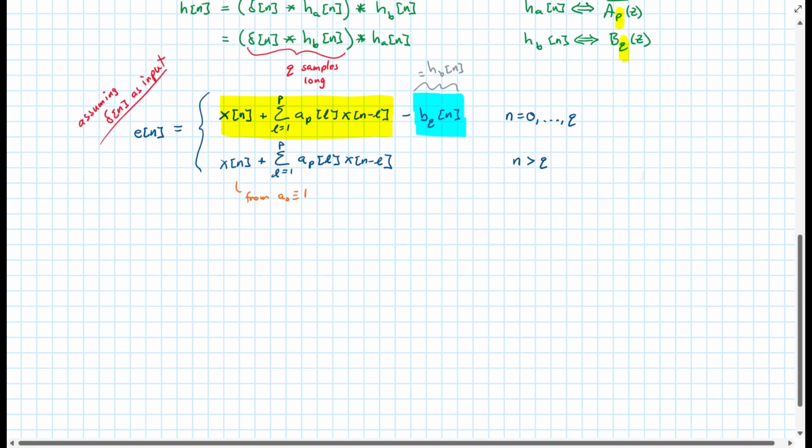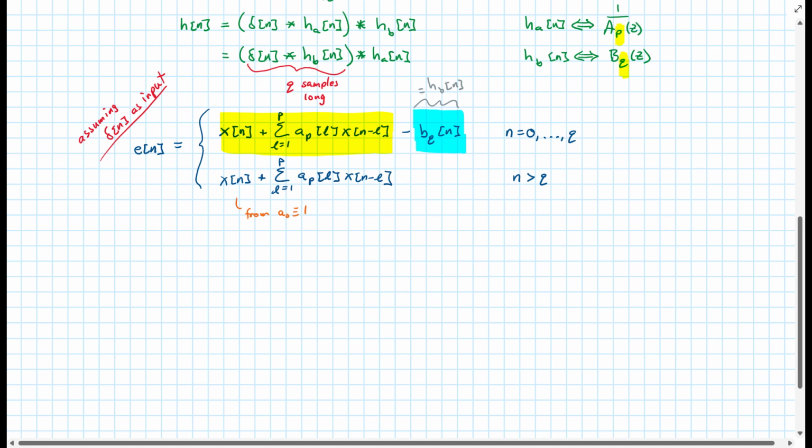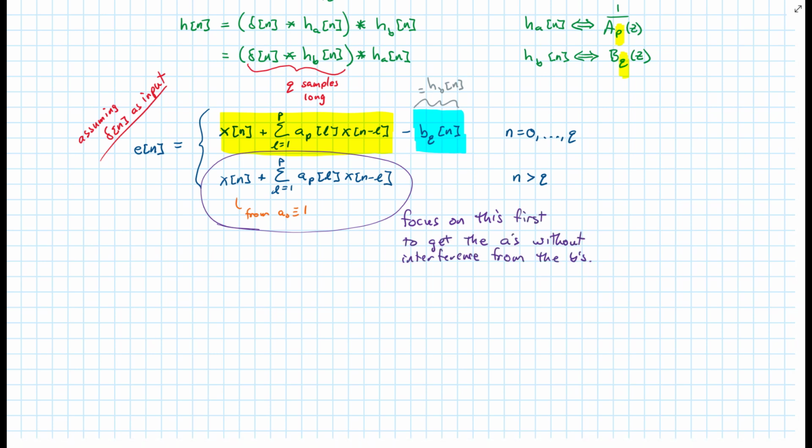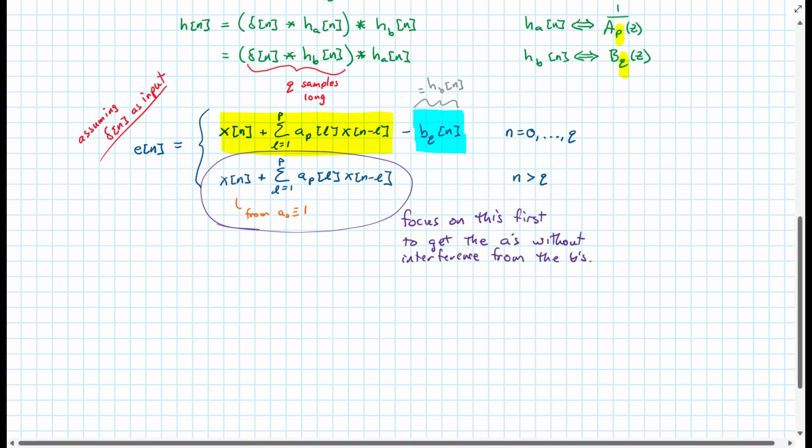Okay, what we're going to do first, because we have to solve for the B's and the A's, and that can be kind of tricky, but if we focus on this part, there are no B's to worry about. So let's write this formally.